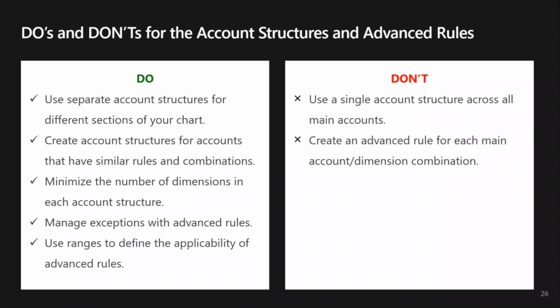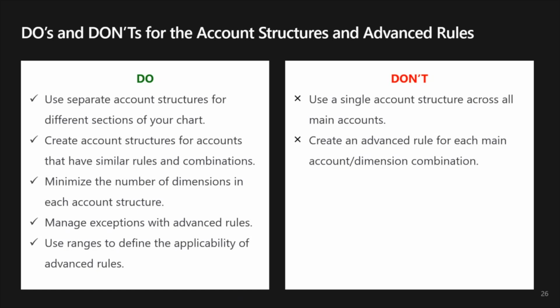When you start to make lots of account structures and lots of advanced rules, you will start to see performance degradation. So the more you can simplify it and the easier it is to configure, it's going to be easier for your users to understand and the usability will be improved.